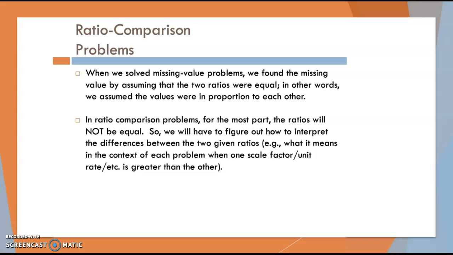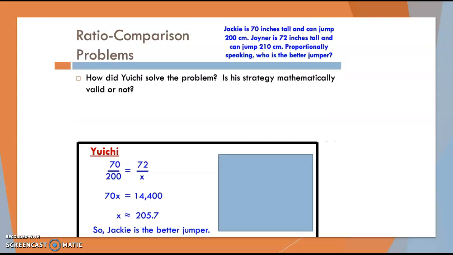So we have to figure out how to interpret differences between the two given ratios. For example, what it means in context of each problem when one scale factor or unit rate is greater than the other. Okay, so you're given all four, but they're different in their ratio factor. Okay, let's do a few more together.